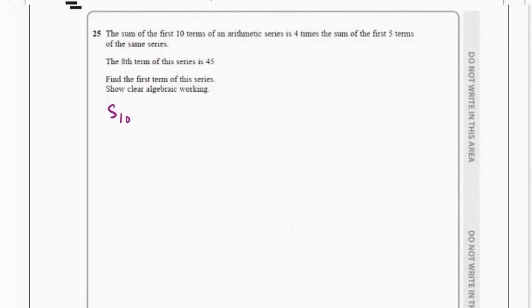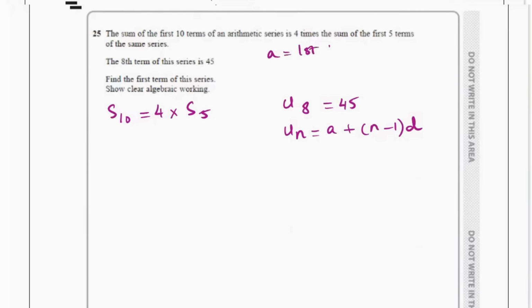So S10 equals 4 times S5. U8 equals 45. So we know that the nth term formula is Un equals A plus n minus 1 times D. A is your first term. D is your common difference.